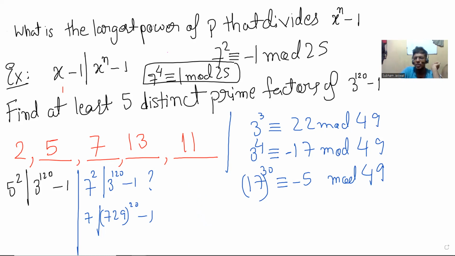I mean, this case would be more computational, but no, so that's wrong. I've written, I mean, 17 square is minus 5, right? 17 square is minus 5. And then from here, you again have to work. But it's not like an infinite amount of calculation, right? It's kind of reducing.